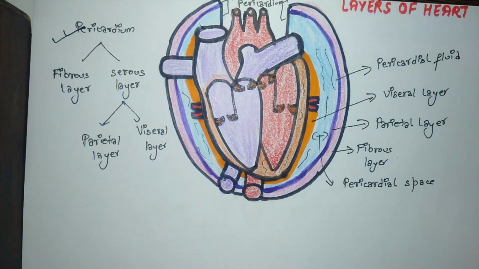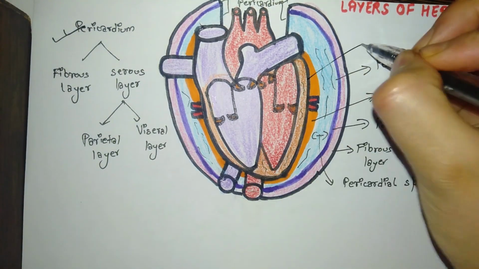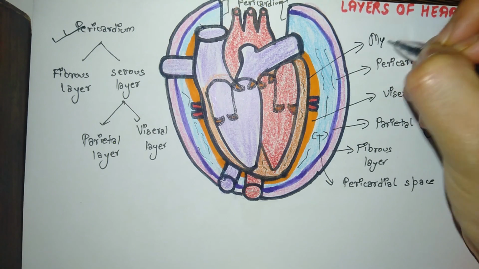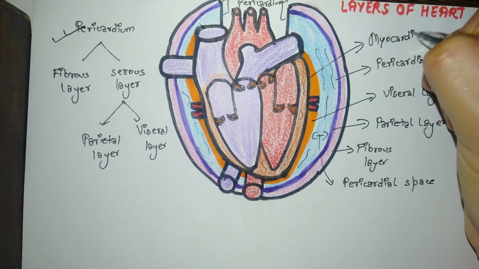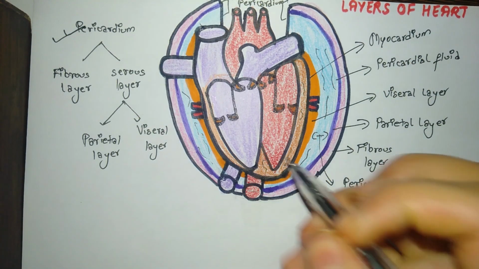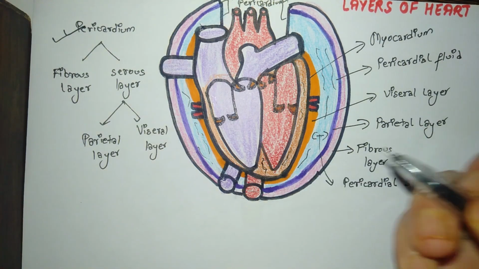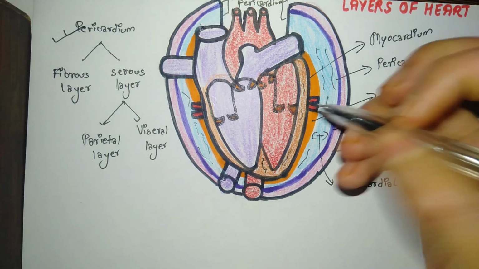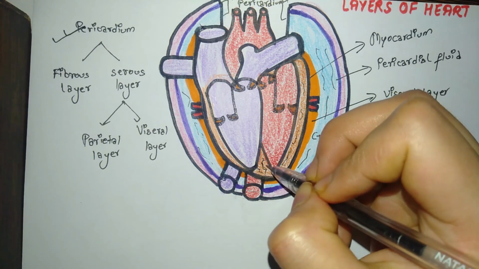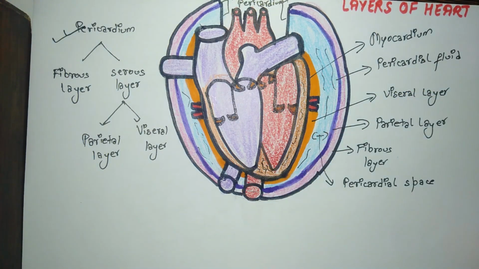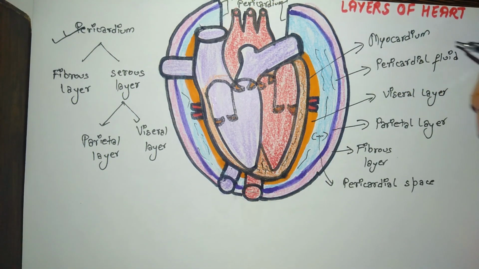Another layer is the myocardium. Myocardium, it is the muscular layer. It is made up of a special kind of muscle, striated and specialized, the cardiac muscle, which is only found in the heart, and it is the middle layer of the heart.